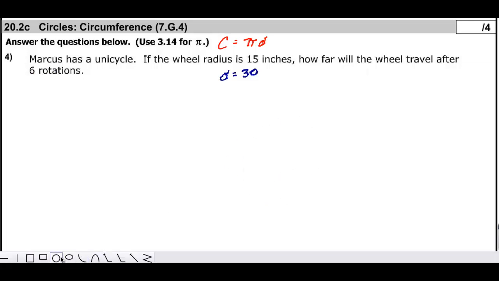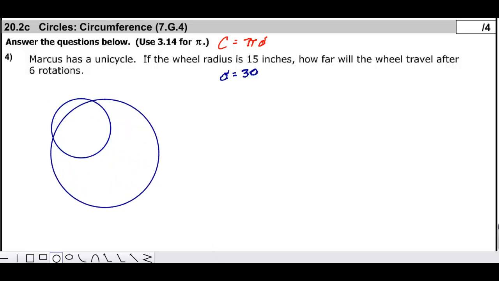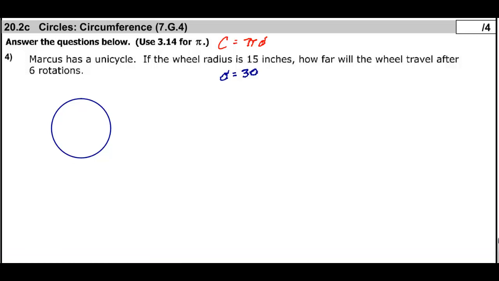Let's do a little visual here. We always talk about drawing pictures. There it is. We got 2 of those. Let's just take one of those and figure out what the radius would look like. For this particular wheel, radius would be from the center to the edge. That would be a 15.